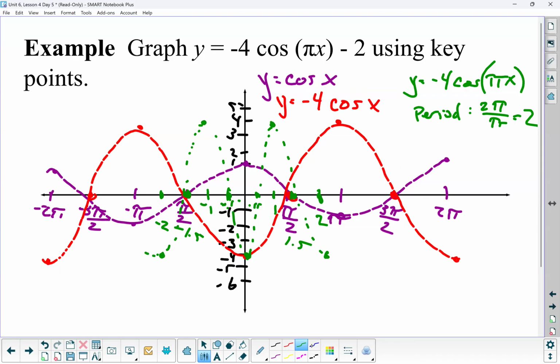The last thing I would do then is my entire graph, negative 4 cosine pi x minus 2, which is going to take every point on my green graph and drop it 2 units.